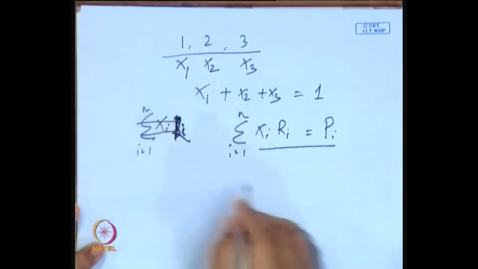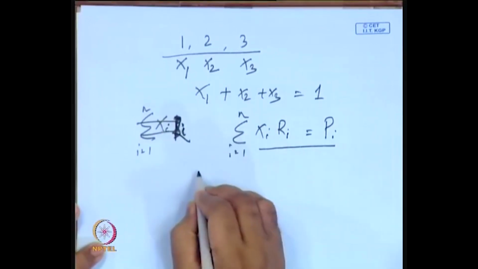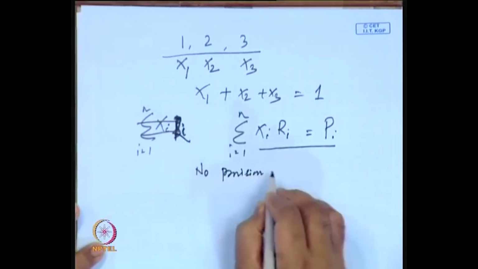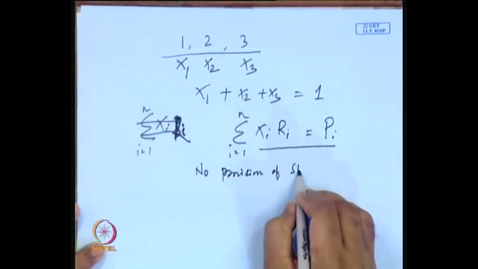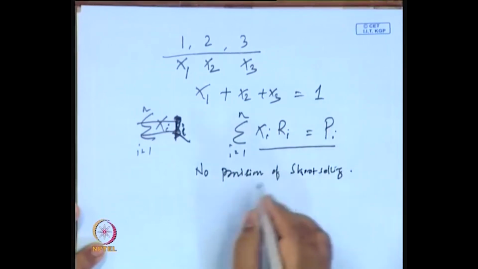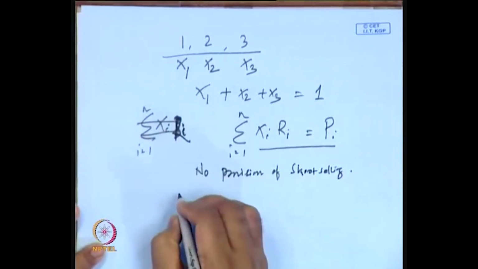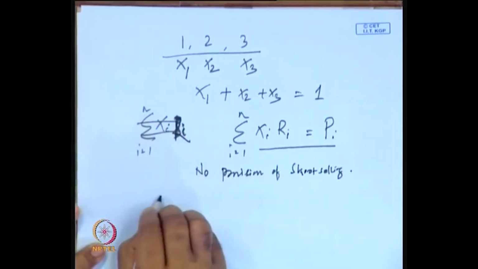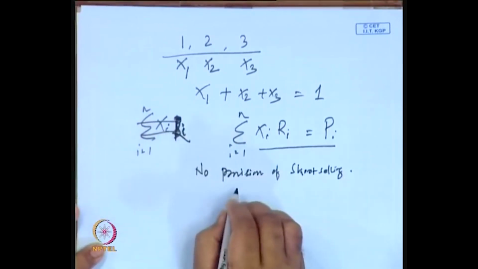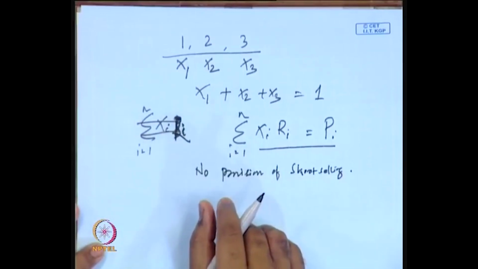Then another constraint we have is that there is no provision for short selling. Short selling, as you must already know, means you can invest without owning the stocks. That means there is no investment in the stock from the beginning, you borrow it and then invest. The expectation of the people who go for short selling is that the price will go down because they will have to pay less.